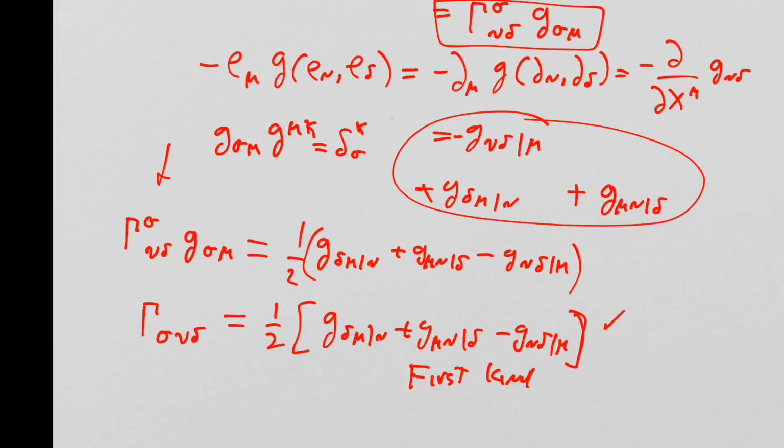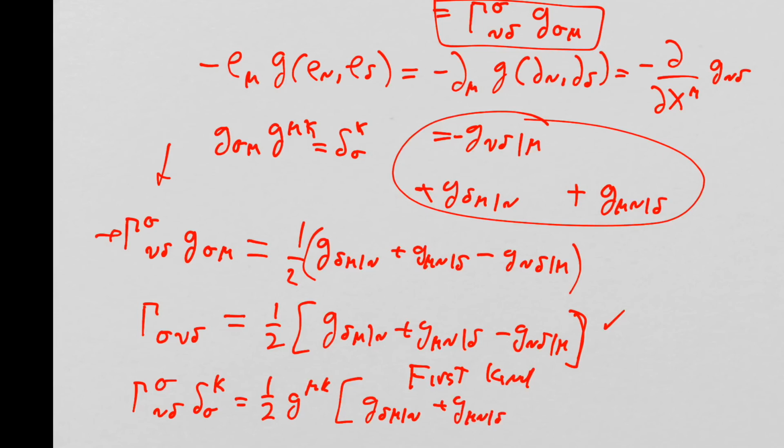So with that in mind, I can multiply both sides by G mu kappa, and then I get T sigma nu delta sigma kappa equals 1/2 G mu kappa times G delta mu nu, one derivative nu, G mu nu, one derivative delta minus G nu delta, one derivative mu.